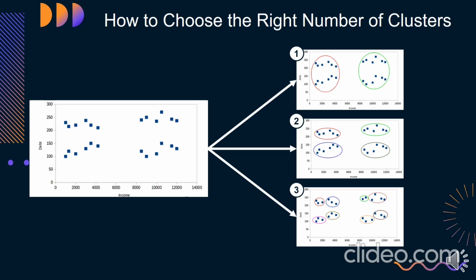We can also have 4 clusters, where one cluster might represent customers who have low income and low debt. Another cluster is where customers have high income and high debt, and so on. There can be 8 clusters as well, and similarly we can have more clusters. But how can we define the right number of clusters?